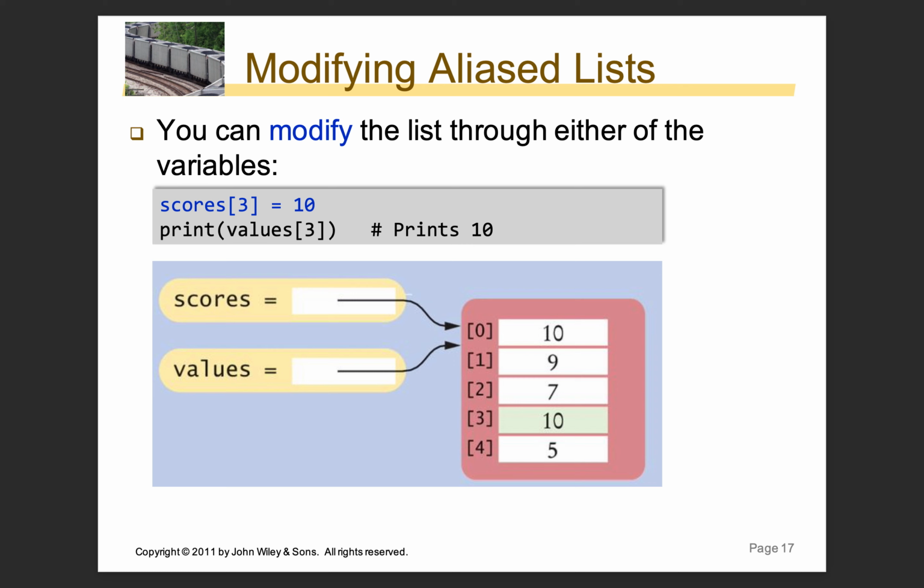Maybe open up Python, type these sorts of things out, and just see that it holds true. That if you edit the list via scores, the value still changes when you call the values list. And then we'll move on to the next section.